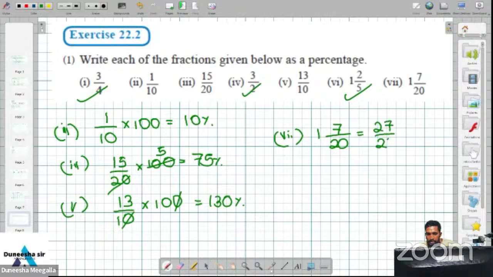Multiply by 100. Then 27 multiplied by 5 is 135%. Yes, 135%. Okay. If you finish, raise your hand now.